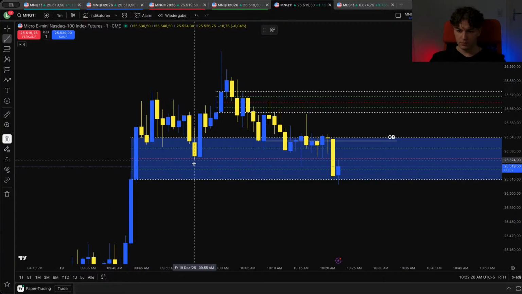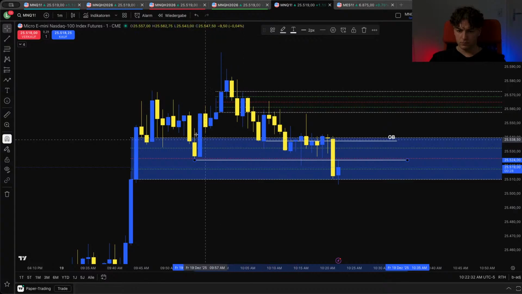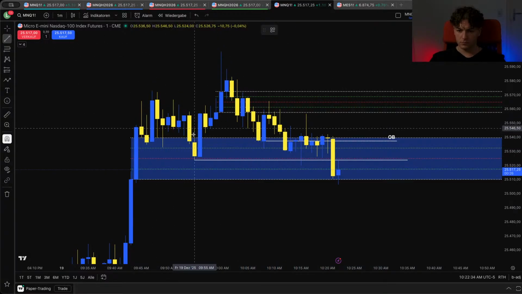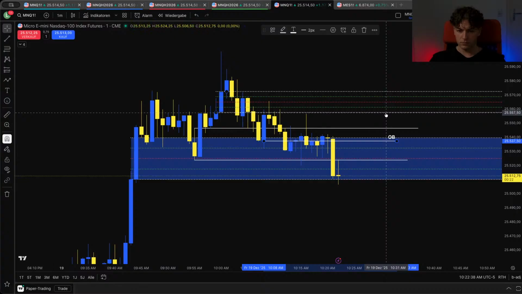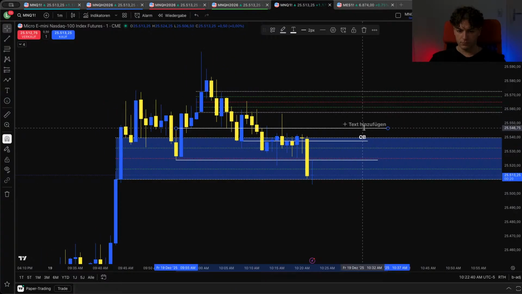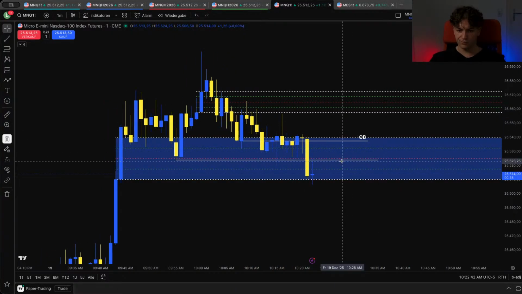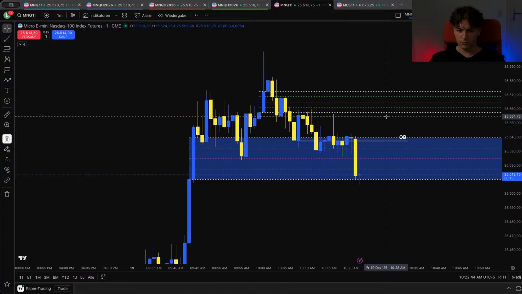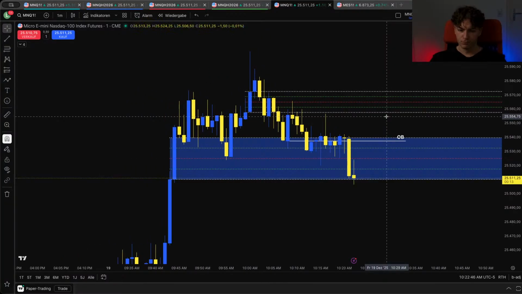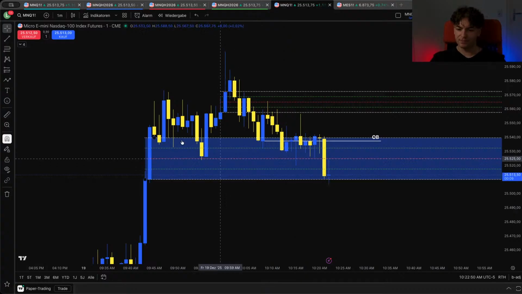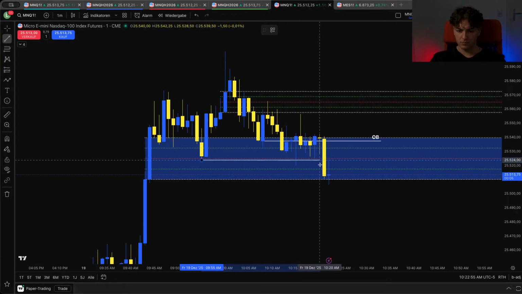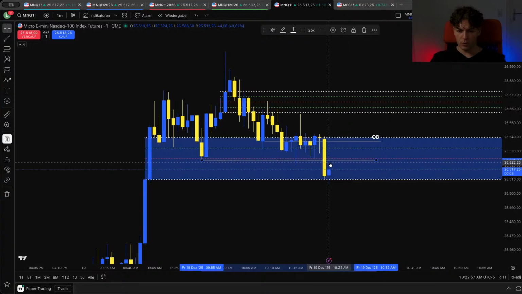Breaker in here. So we touch breaker low level.